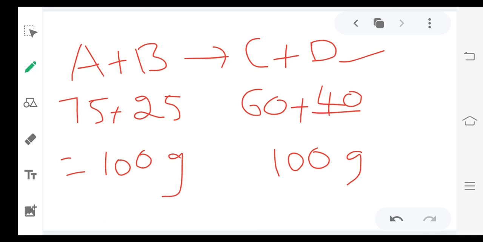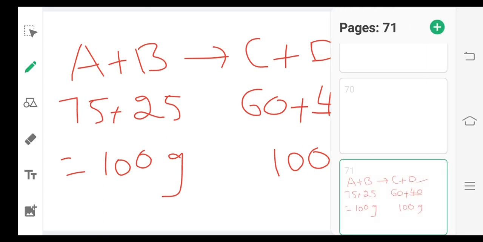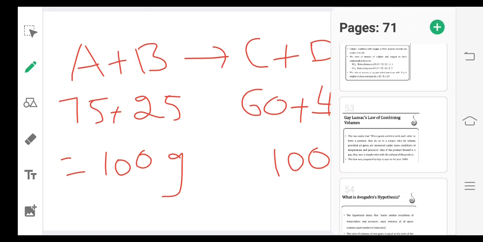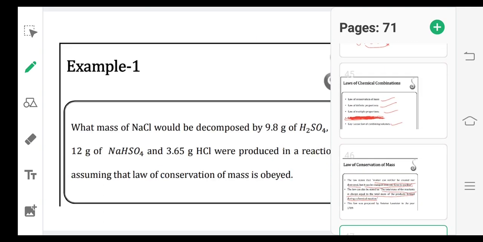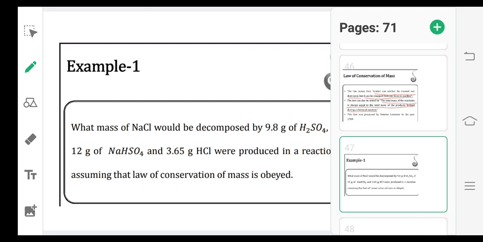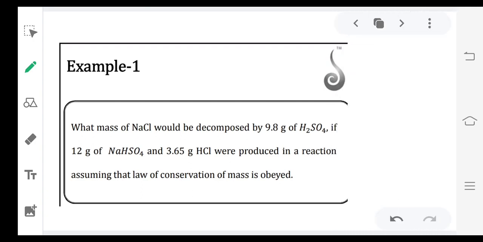One real example we will see. What mass of NaCl would be decomposed by 9.8 grams of H2SO4, if 12 grams of NaHSO4 and 3.65 grams of HCl were produced in a reaction, assuming that the law of conservation of mass is obeyed?